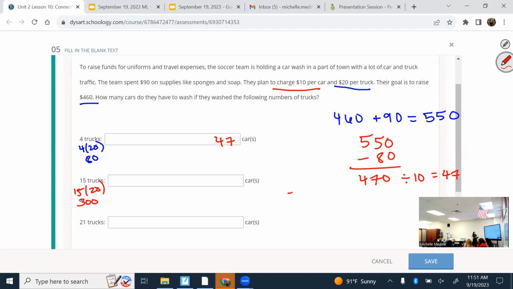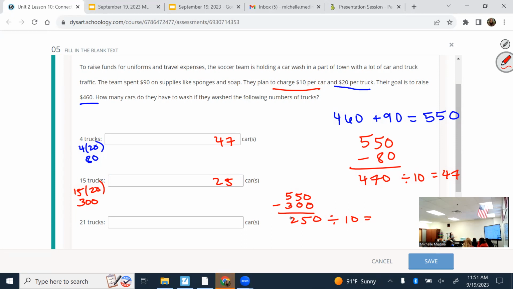Then you're still subtracting it from the 550. You get 250 when you subtract it, and then you're still going to have to divide by 10 to figure out how many cars you need to wash. So in this one, how many cars do I need to wash? 25.